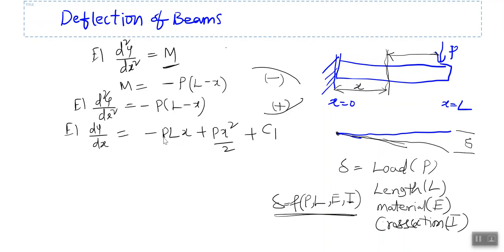After this, we know the conditions: at x equal to 0, dy/dx, that is the slope, is 0. The slope at this location is 0 because if you draw a tangent to the deflection curve, that is horizontal for a cantilever beam, so dy/dx is 0.